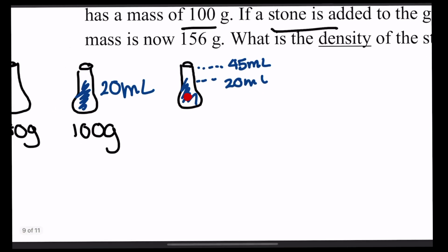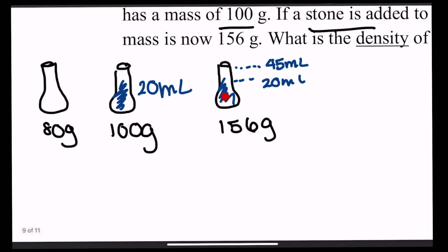And our mass now is 156 grams. So all we can do here, we don't have to worry about this initial change. This is just something to catch you off guard. The only thing that we have to focus on is the change.